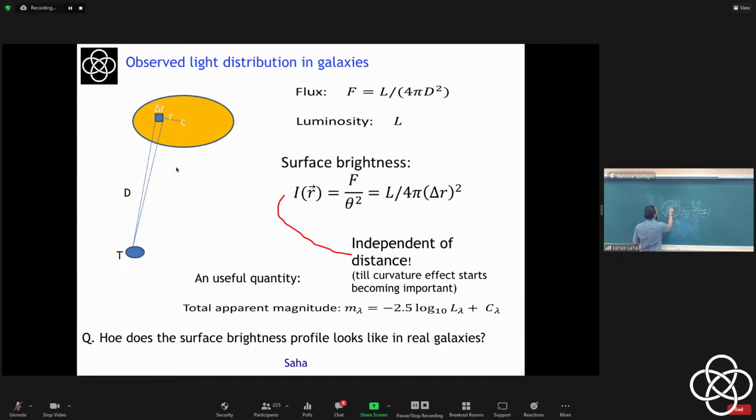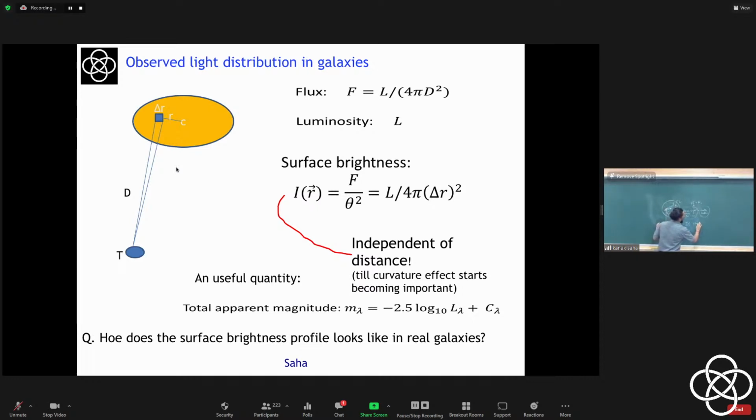Then if you look at a small tiny patch of the sky on the image, and you measure with your telescope at distance d, the surface brightness is basically the flux from this divided by the solid angle it subtends, which for this distance is delta r by d, capital D. So it's like theta squared. And from this, the surface brightness becomes independent of distance.